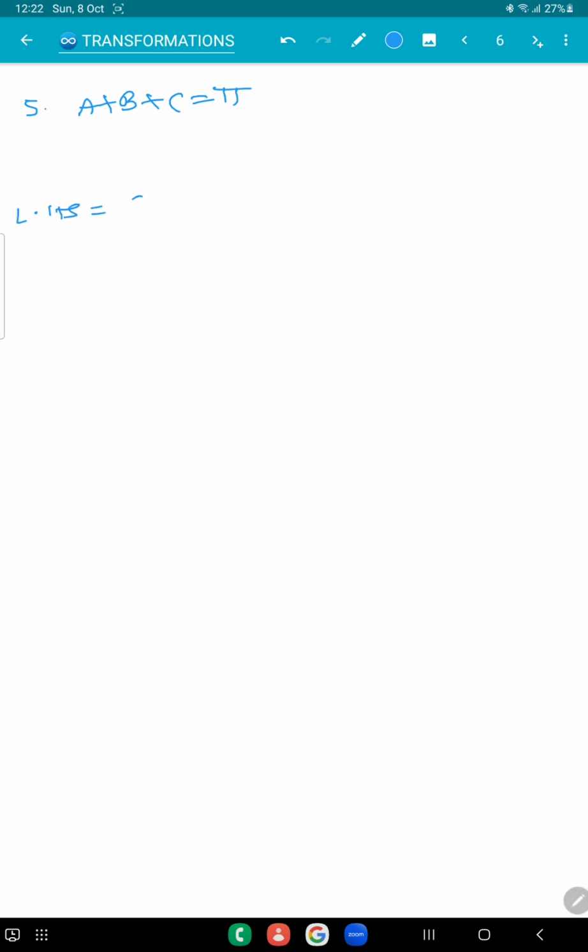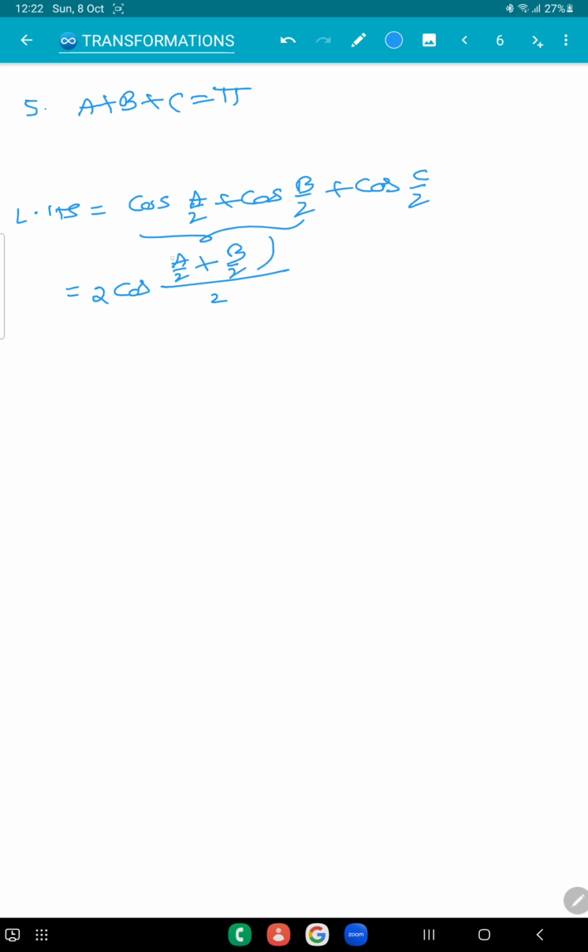LHS is equal to, I'm considering, cos(a/2) plus cos(b/2) plus cos(c/2). Observe that, let us apply the cos C plus cos D form. 2 cos of (C+D)/2, where C+D is a/2 plus b/2, times cos of (C−D)/2, where C is a/2 and D is b/2, plus cos(c/2) as it is.